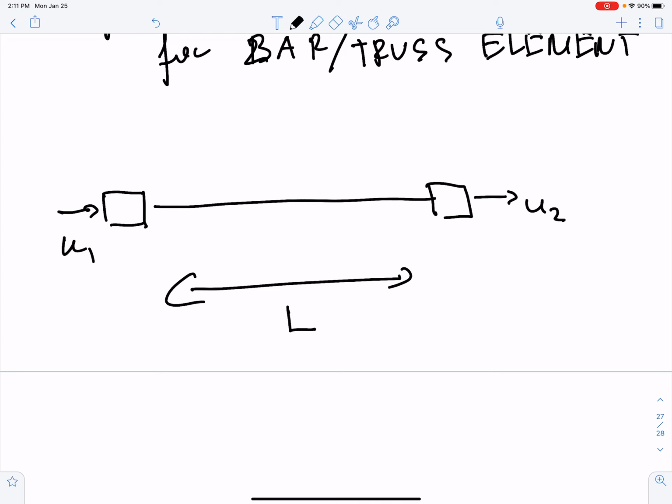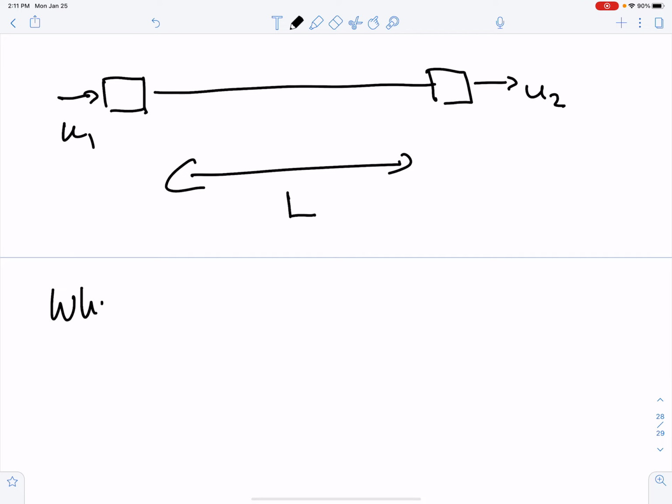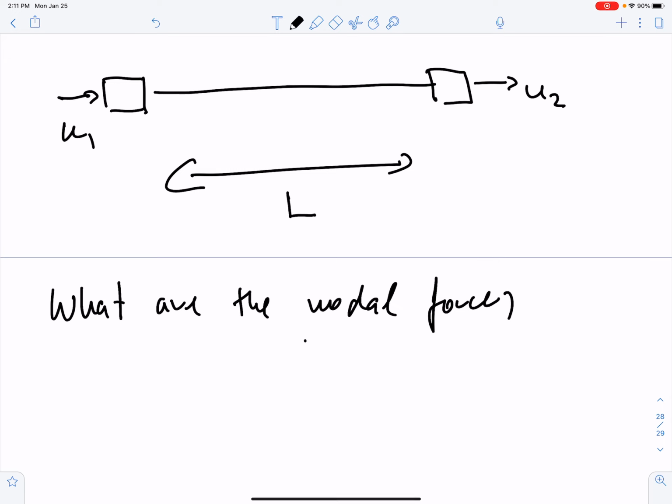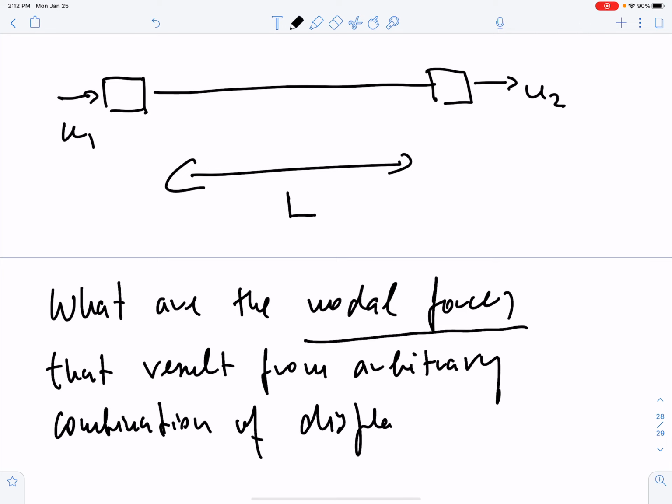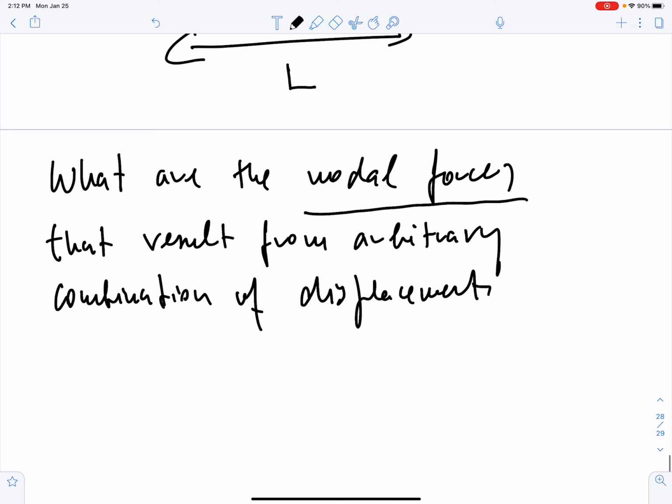And so what's interesting is the question I want to ask: what are the nodal forces that result from arbitrary combination of displacements U1 and U2?